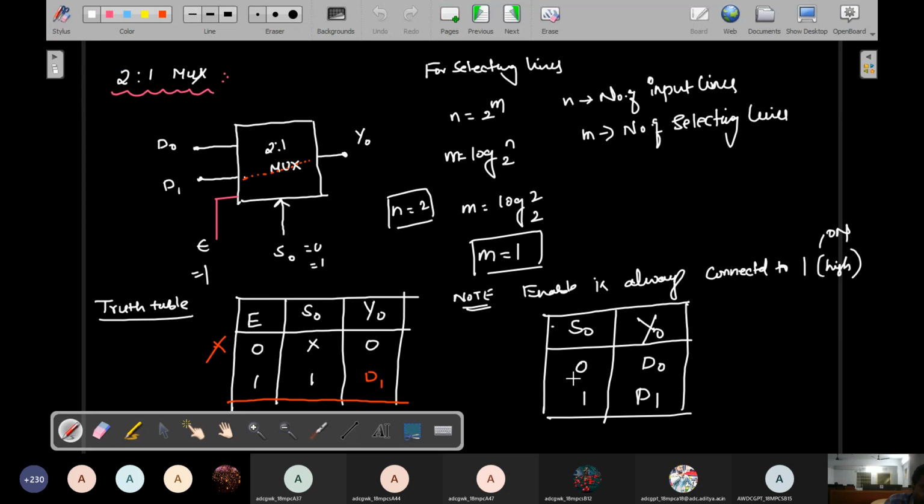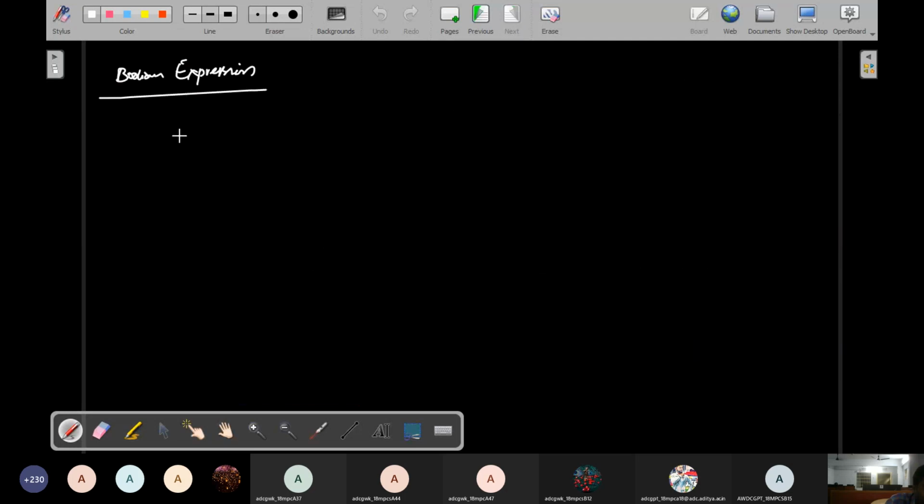Now I'll write the Boolean expression for this truth table. Y is the final output voltage.